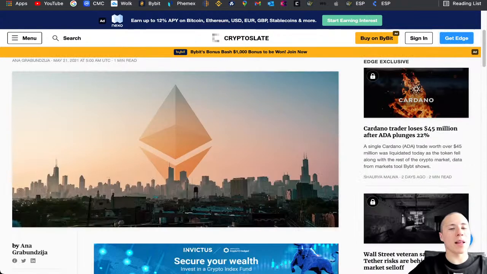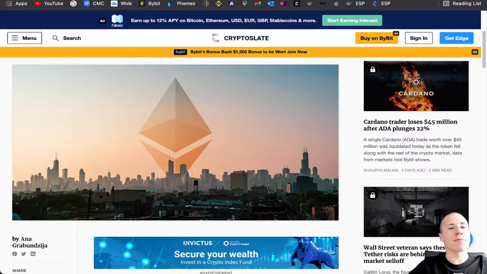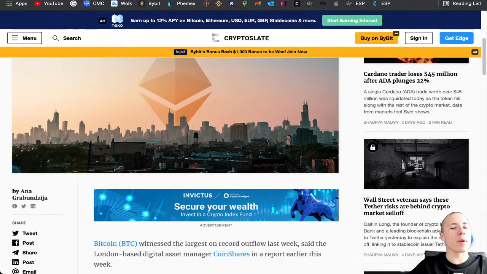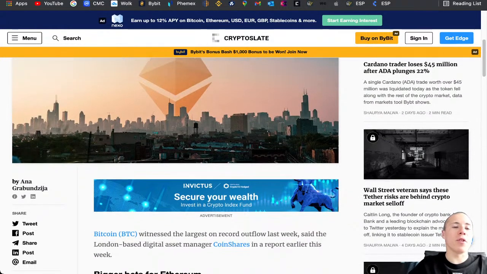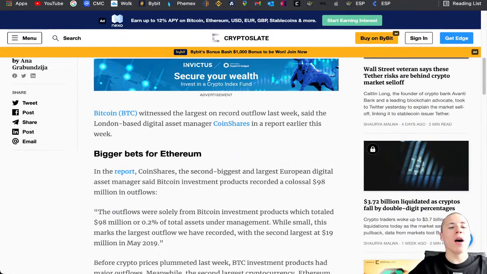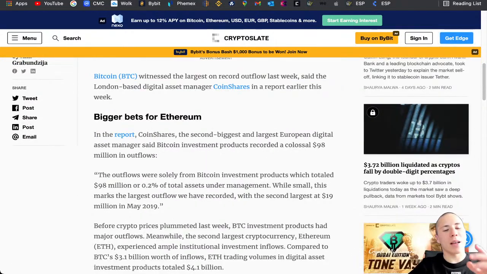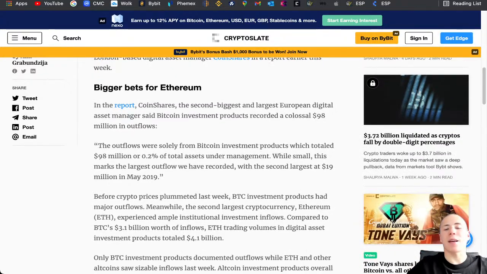And I think personally this is just huge news, because it could be very probable that due to this inflow on Ethereum and many other big cap altcoins like Cardano and Polkadot, the interest in altcoins will surge, and we will be seeing an altcoin season being created after, of course, Bitcoin consolidates for a while.